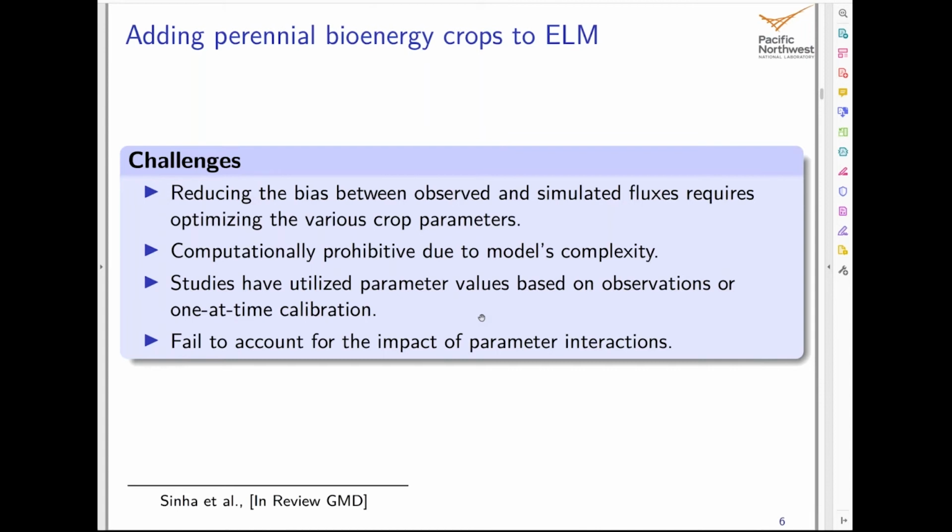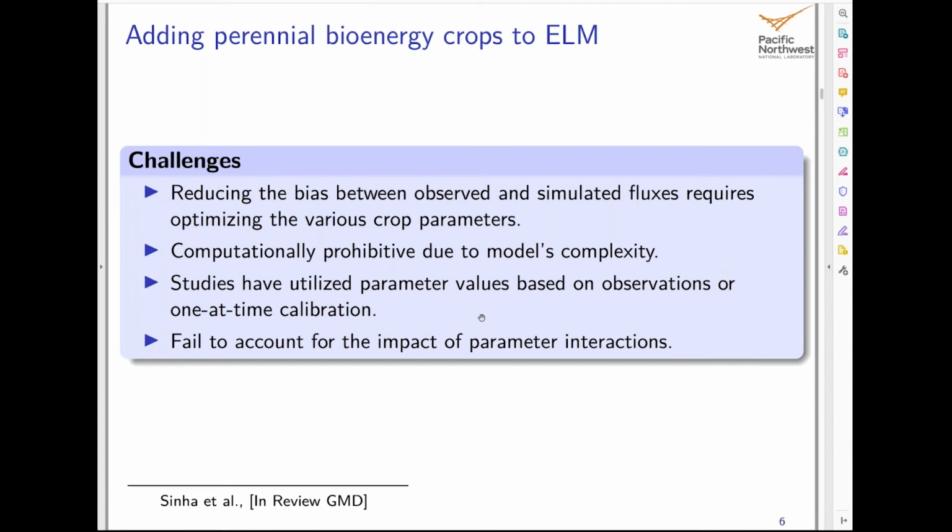However, optimizing the parameters is computationally prohibitive due to the model's complexity and the large time it takes to reach biogeochemical equilibrium. To resolve these issues, prior studies have utilized parameter values based on observations, or they have utilized one-at-a-time calibration.